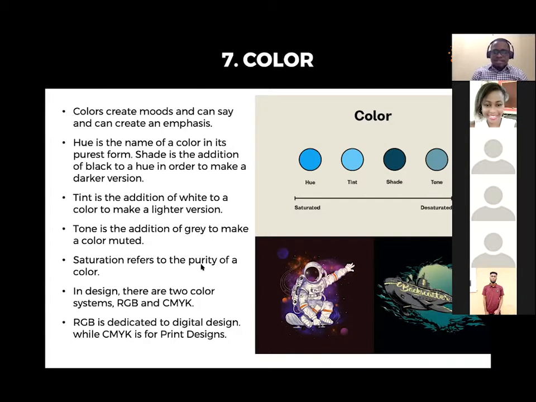Now, what's the difference in the two modes? It's the expression of colors. There are shades of colors you find in RGB that you don't see in CMYK. So what's the use? CMYK is mostly used for print designs.